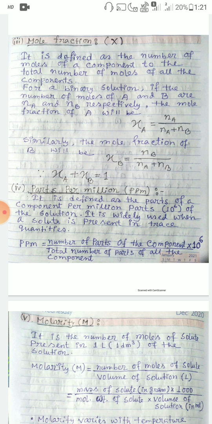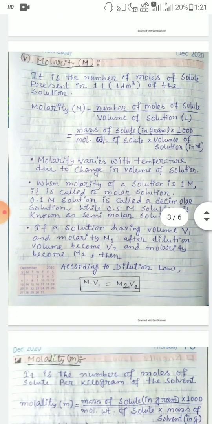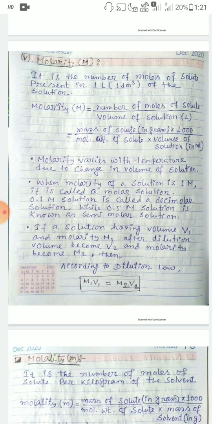If the solute is present in a very trace quantity in a solution, then you have to use this method of representation of concentration, that is ppm. ppm means the number of parts of the component divided by the total number of parts of all the components, into 10 to the 6. 10 to the 6 means 10 lakh, or 1 million.